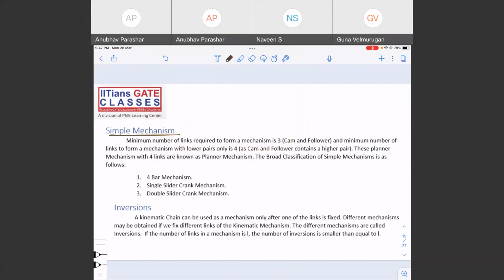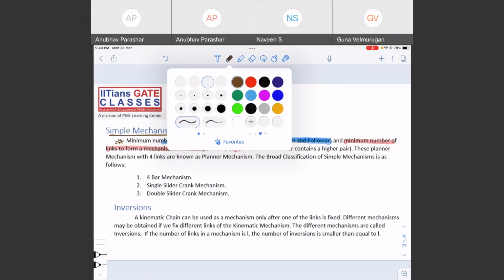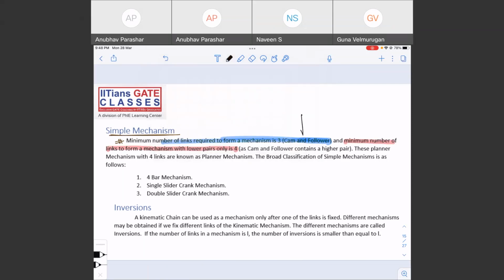Now please mark this first line. The minimum number of links required to form a mechanism is 3 for cams and followers. So cams and followers will have 3 links. Sorry, the minimum number of links to form a mechanism with only lower pairs is 4. Cams and follower will have one higher pair. We'll have a look at cams and followers later, right?